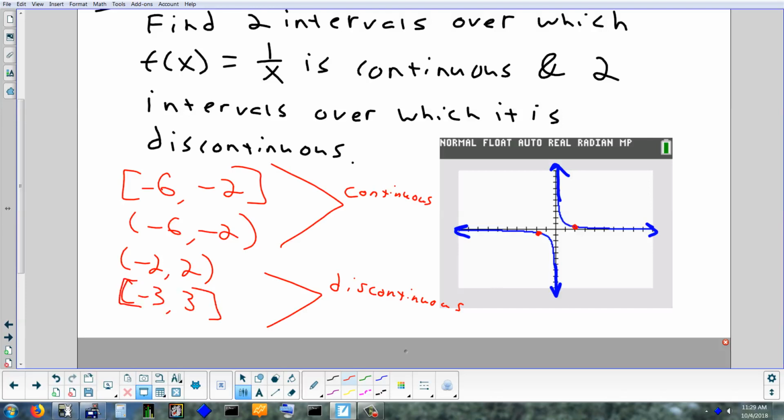Yeah, any interval that tries to jump from the negative numbers to the positive numbers can't do it without lifting your pencil. If you give me a positive to start at and a positive to finish at, I can always trace without lifting. If you give me a negative starting point and a negative ending point, I can trace that too. It's just if I try to start at a negative and end at a positive, I've got to jump over that section right there. Okay.